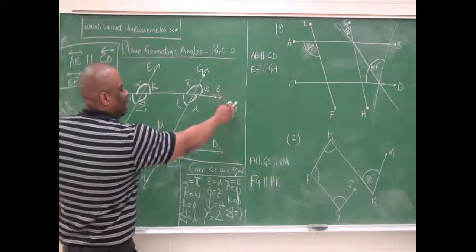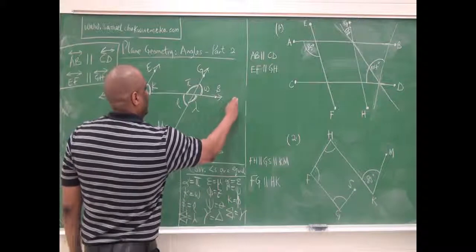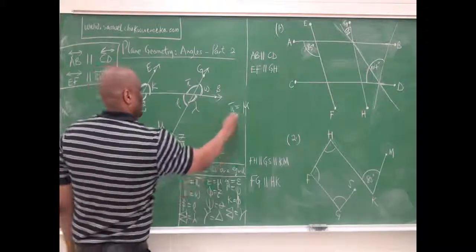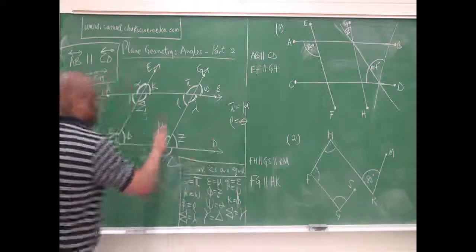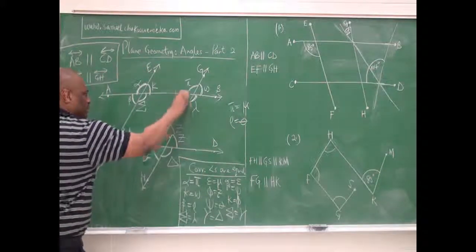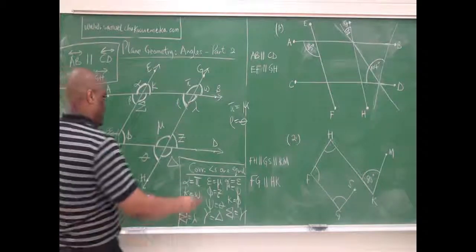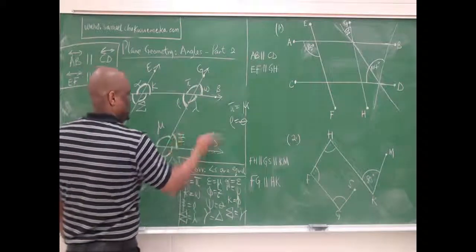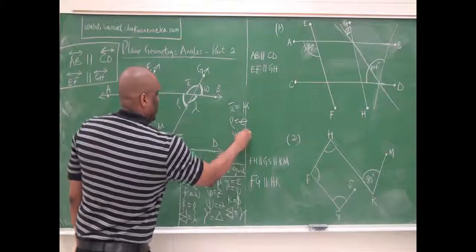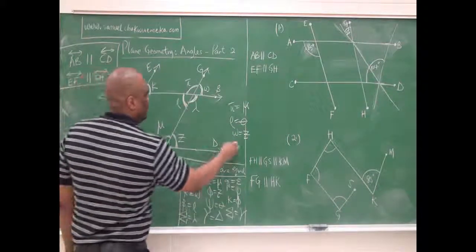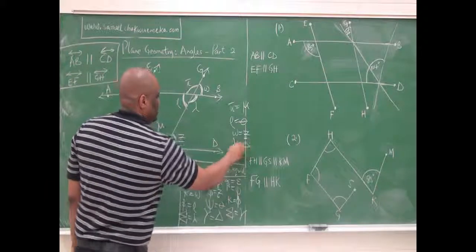Okay, let's keep on with corresponding angles. Your rho is equal to theta. Okay, look at the way they are. Your omega is equal to zeta. And your lambda is equal to delta.